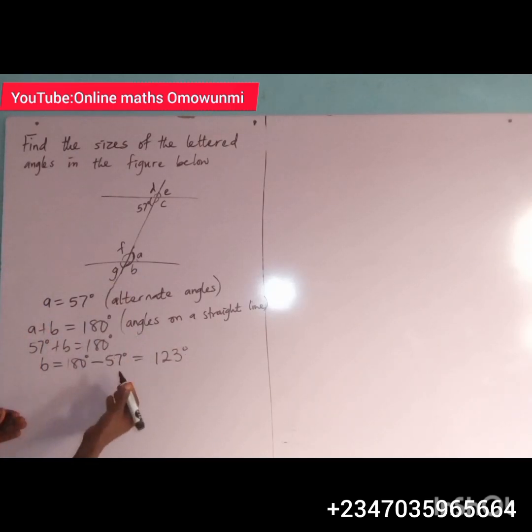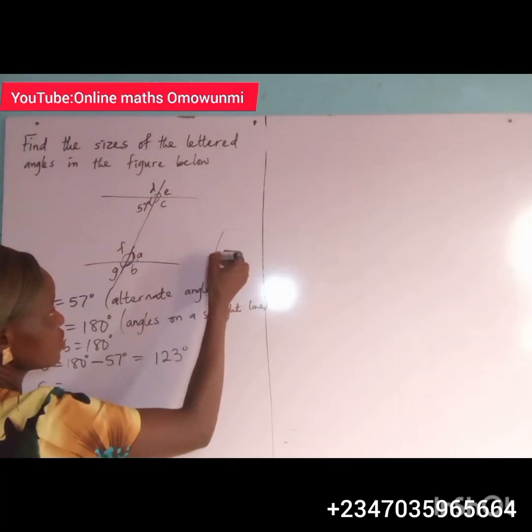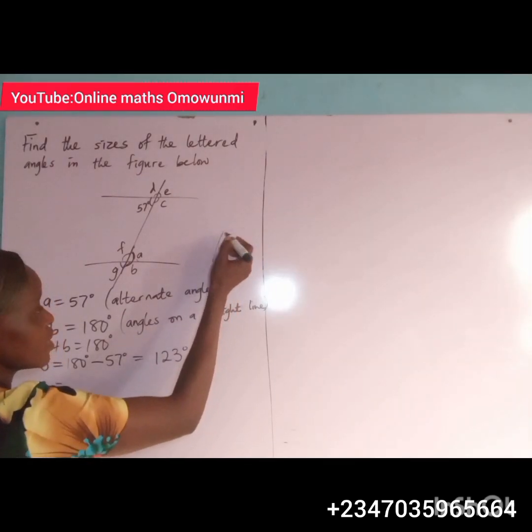Let's go and find our C. If we want to find C, we look at it. Our C and our B, they are corresponding angles. I know you've been taught corresponding angles where they use them as F angles, but let me explain.